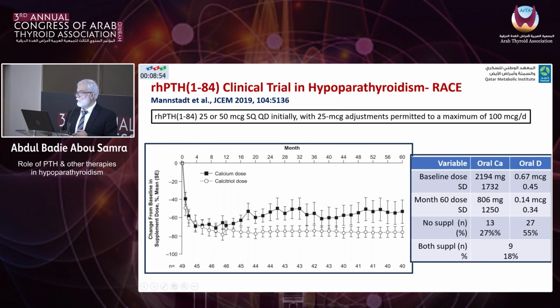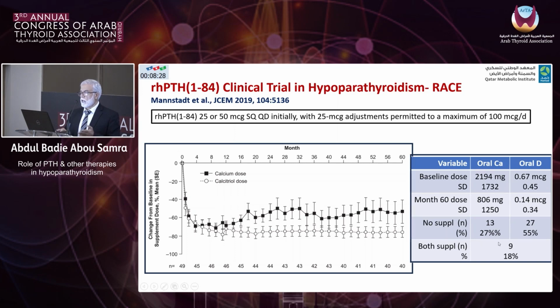This is the oral calcium dose, oral vitamin D dose, and the number of patients who needed supplements: 27% and 55%, and the number of patients who needed supplements for both is 9%.